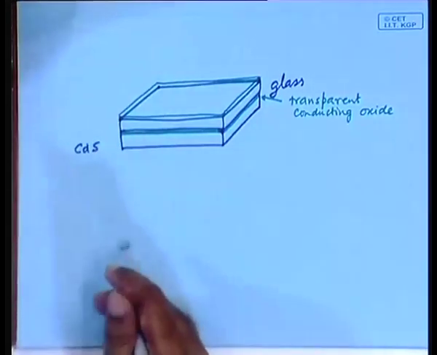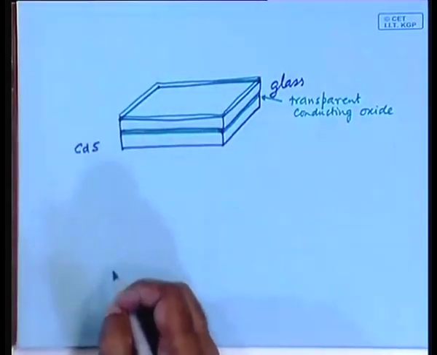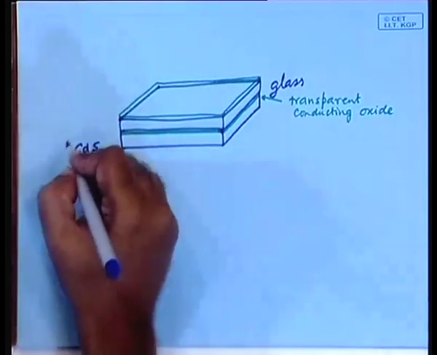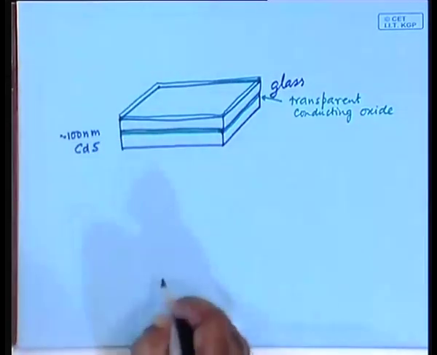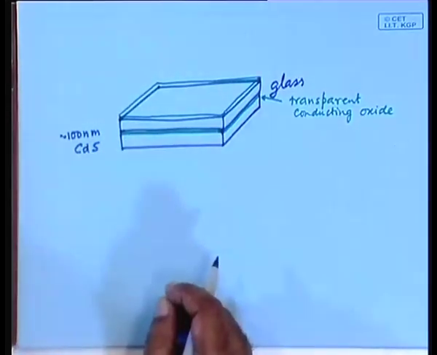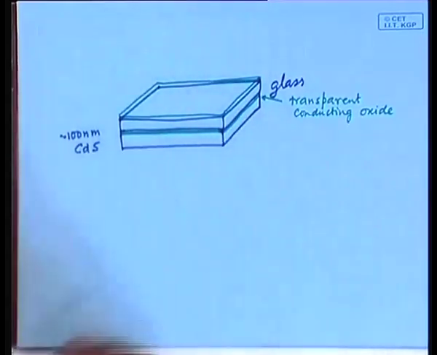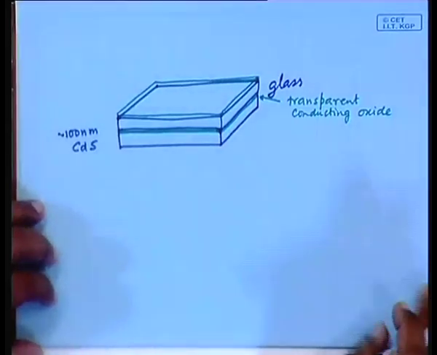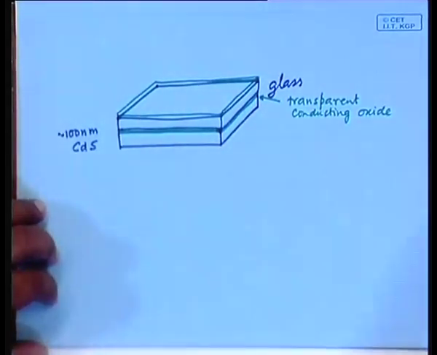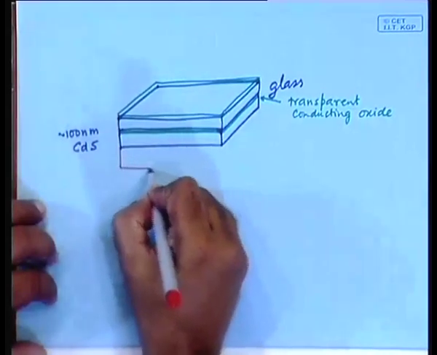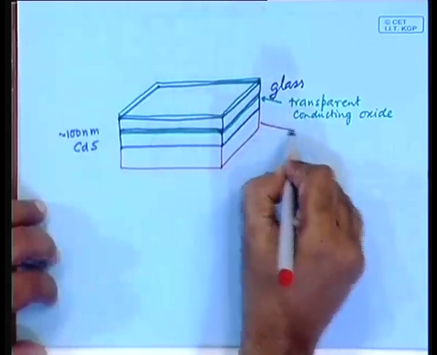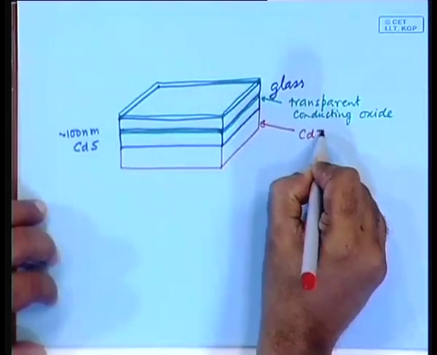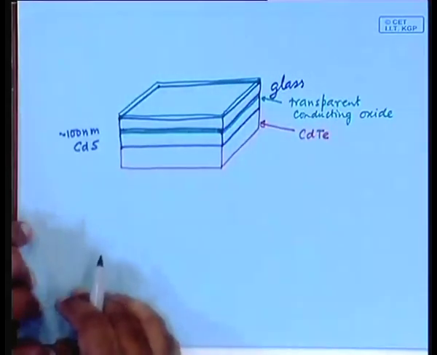Then you have the cadmium sulphide layer. It is about 100 nanometers, a very thin cadmium sulphide layer. Below the cadmium sulphide layer you have the main material, cadmium telluride.